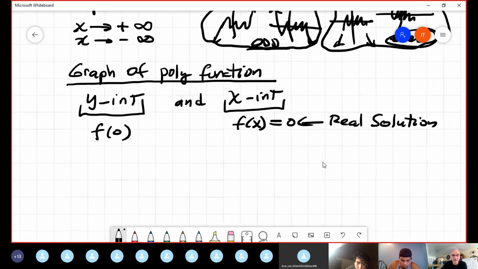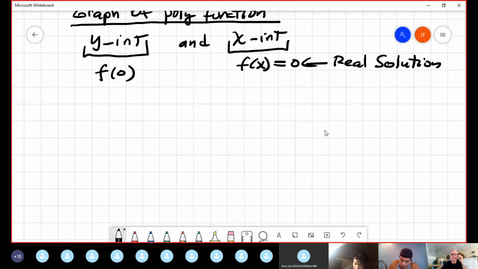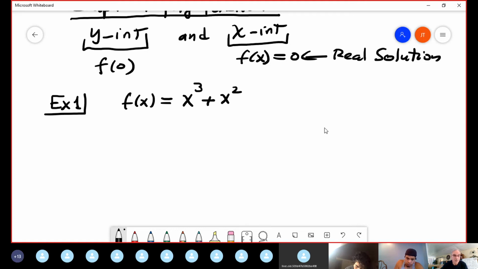Let's see an example. One straightforward example, very, very easy, to understand everything that we study now. Example 1: the polynomial function is f of x equals x cubed plus x squared minus 9x minus 9.